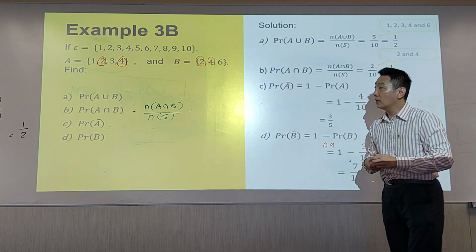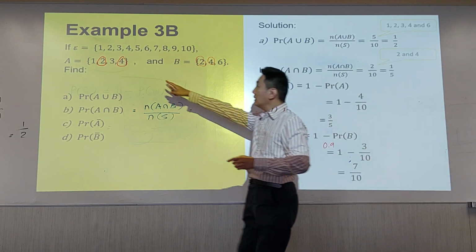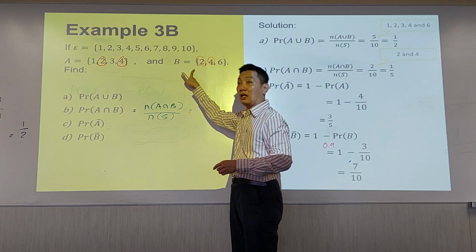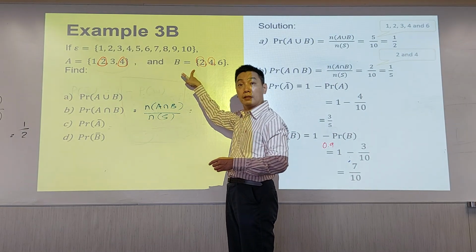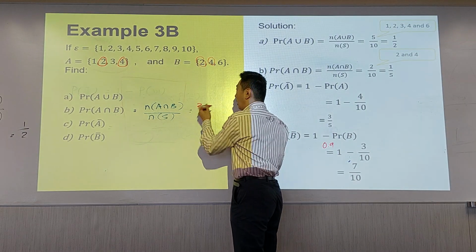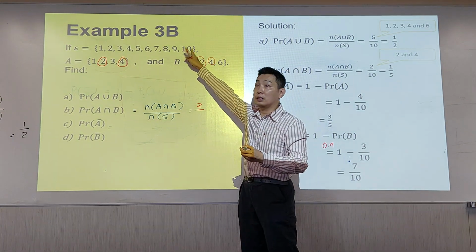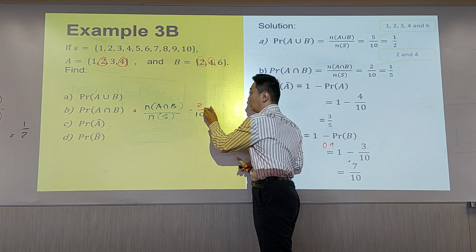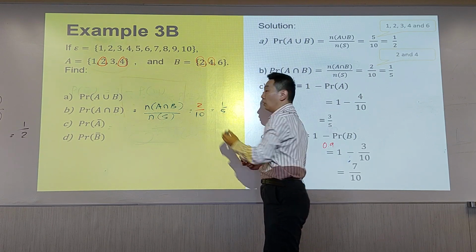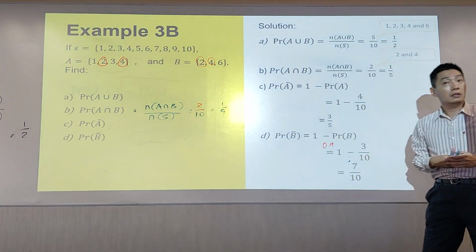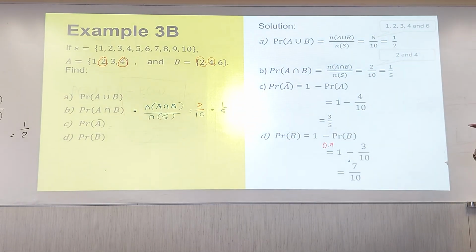We check. There are 2 elements that appear in both A and B. So A intersect B is equal to 2. NS is 10. So simplify, 1/5. You may also leave the answer in decimal, you get 0.2. Also acceptable.